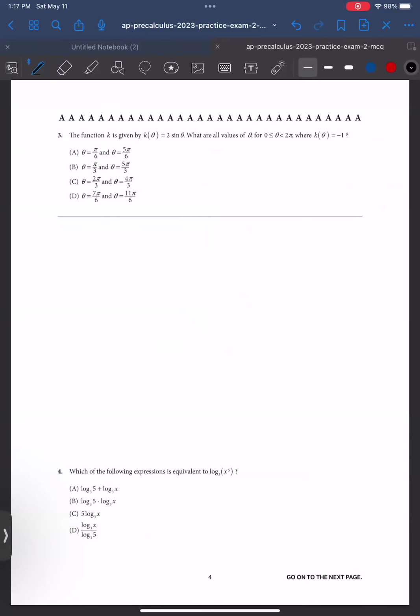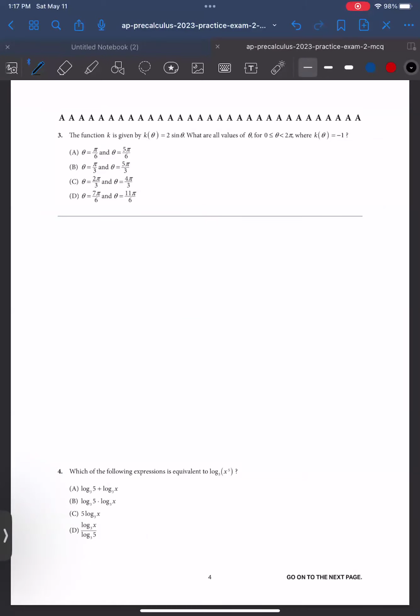All right, the function k is given by k of theta equals 2 sine of theta. What are all values of theta between 0 and 2 pi where k of theta is equal to -1? So how do I do this problem? It's kind of looking like a unit circle question. This is a unit circle question.